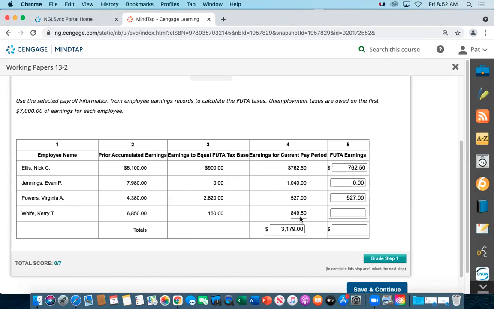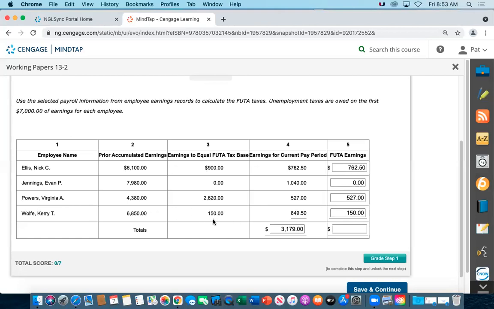Now we can't put all 849.50 in here because only 150 of this amount is taxable under the federal unemployment limit of 7,000. So since this is greater than the earnings that are left, we are only taxed up to 7,000.